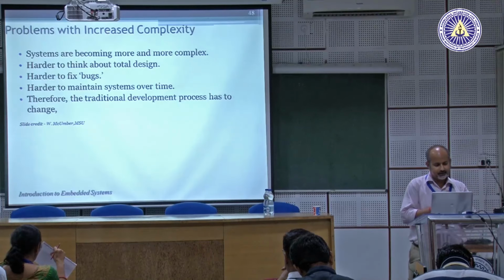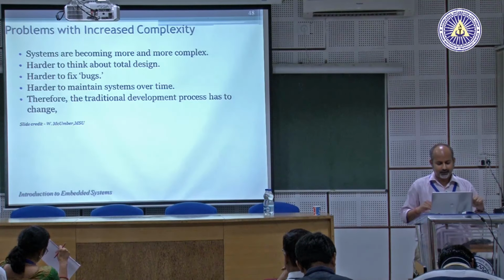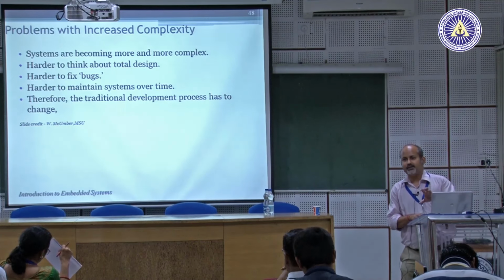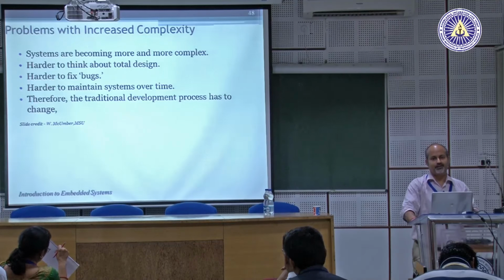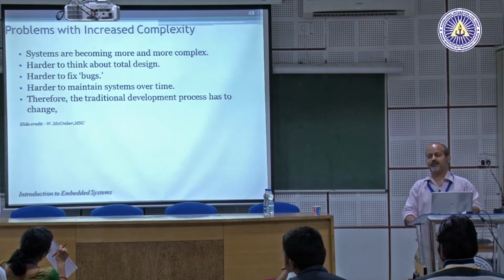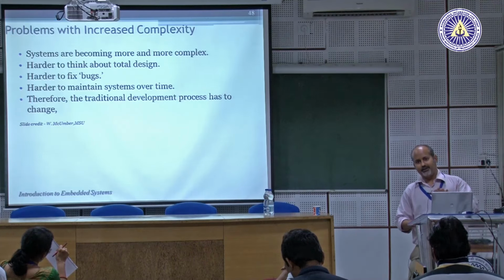It is harder to maintain because of its complexity, and so the traditional development process has to change. So design methodology for safety critical embedded systems, and also for power constraint, area constraint, and latency constraint systems, is actually an area of research, right?